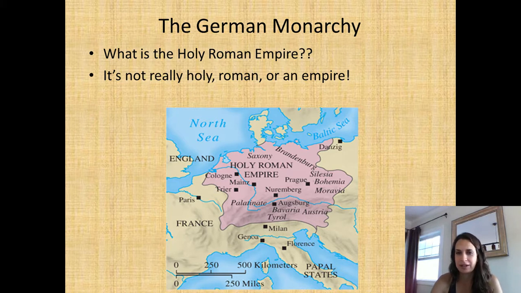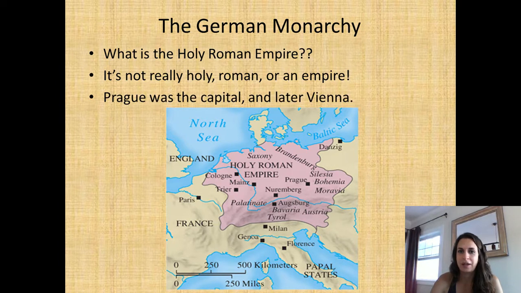The only part that remained as a large chunk was the eastern part, and it tried to retain the name of the Roman Empire, even though it's not in Rome or Italy at all. It was seen as holy because of its relationship to the Catholic Church. But it's a really strange situation, and we're going to get a little more into it later.